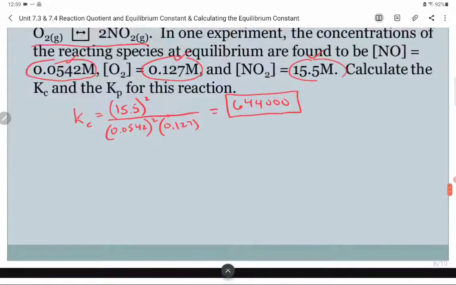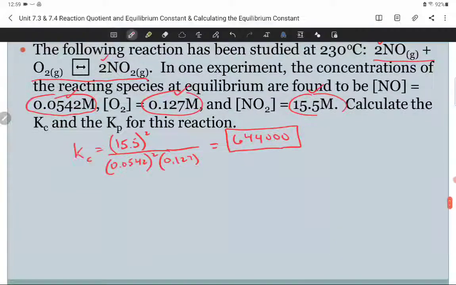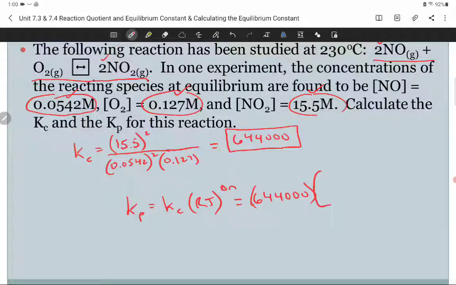Oh, we didn't finish. It also mentioned for us to solve for Kp. So remember that I said there's an equation that you can use to convert one to the other. So we have the Kc already. We have a gas law constant. We have a temperature in Kelvin.